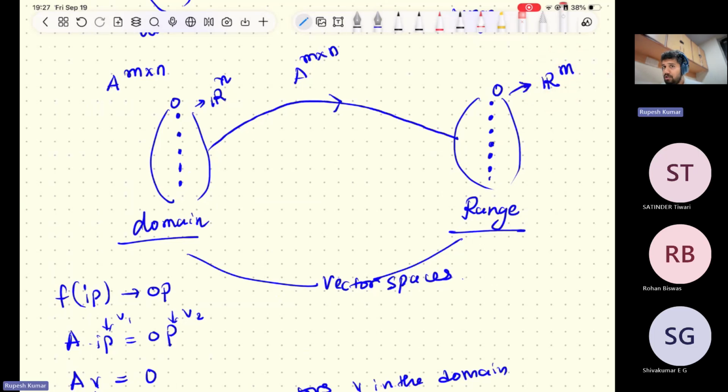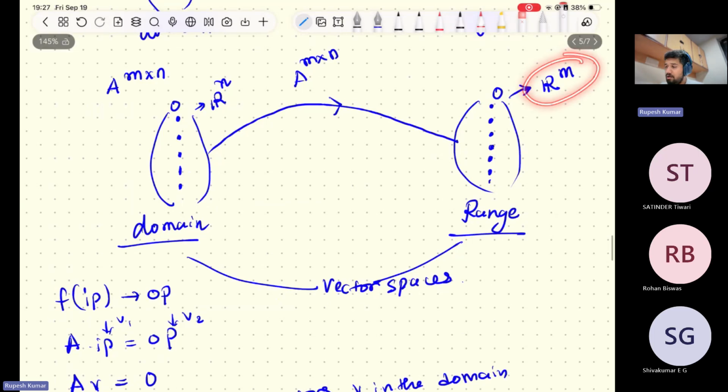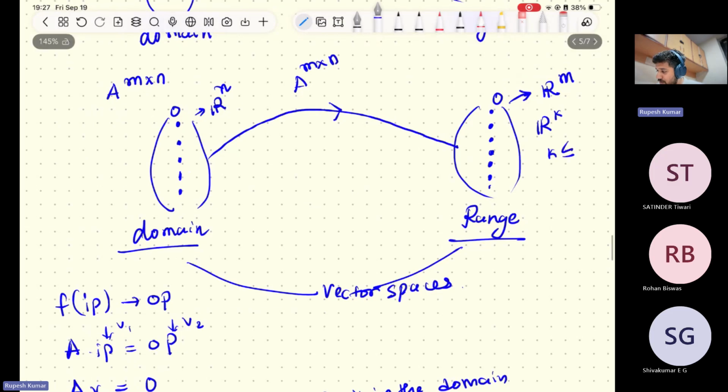I'm not saying proper subset, just subset. So it can either be Rm or Rk, where k is less than or equal to m. That will form the range space of A. Why will we get some k less than m?